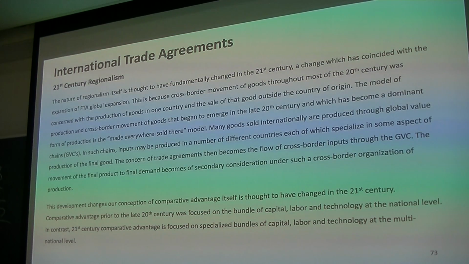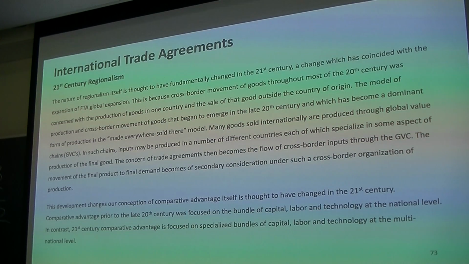It's because the production of goods has become much more complicated. It's become much more complex in the last 20 years, up through the end of the 20th century.